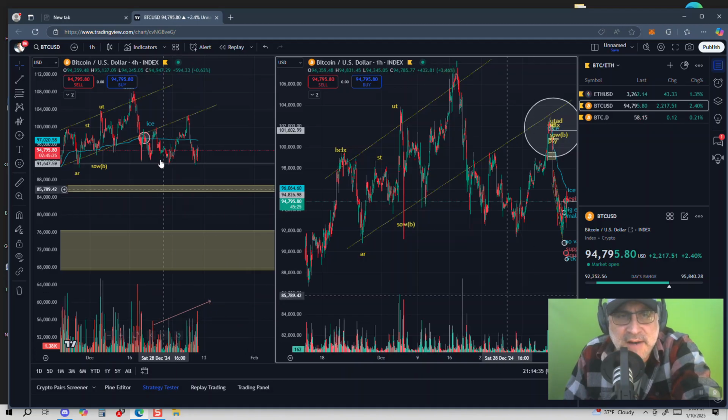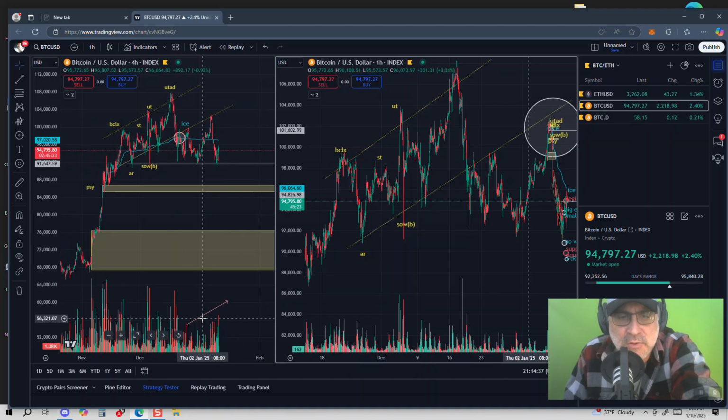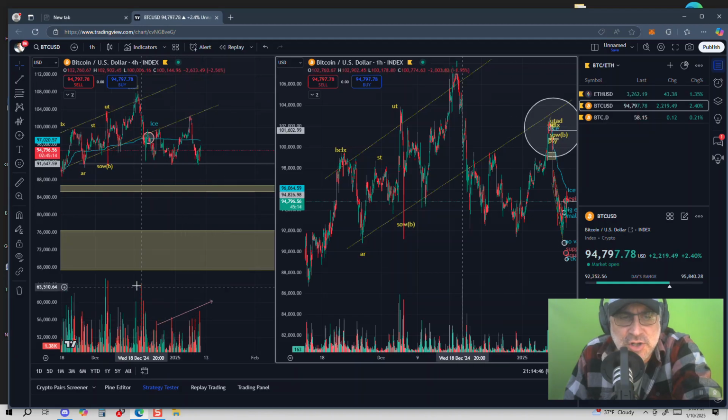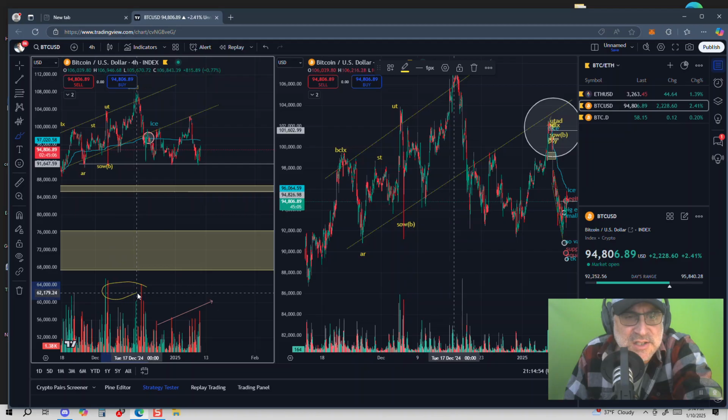Now we look at the latter half of this range on the macro, and we see building supply. This is strong distribution at this point. This is a strong signal of distribution. All we see in this range now, let me see if I can get a pen, is supply predominance, and we've seen it since the upthrust area. All of these supply spikes have towered over any of the demand.